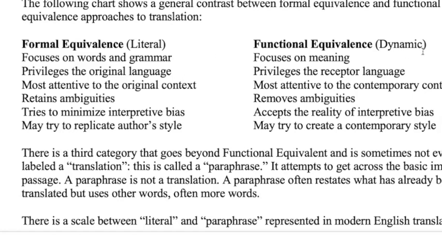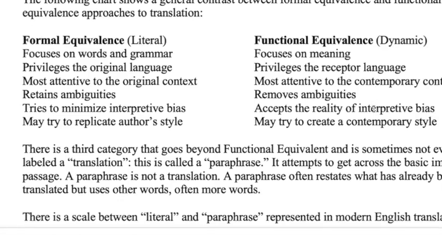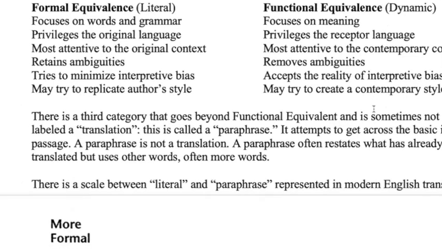The functional equivalent is also called dynamic. It focuses more on the meaning, trying to get the idea across. And it emphasizes more the one who's reading than the author. It pays more attention to the context of the reader. It removes any ambiguities or things that are not clear in a translation.